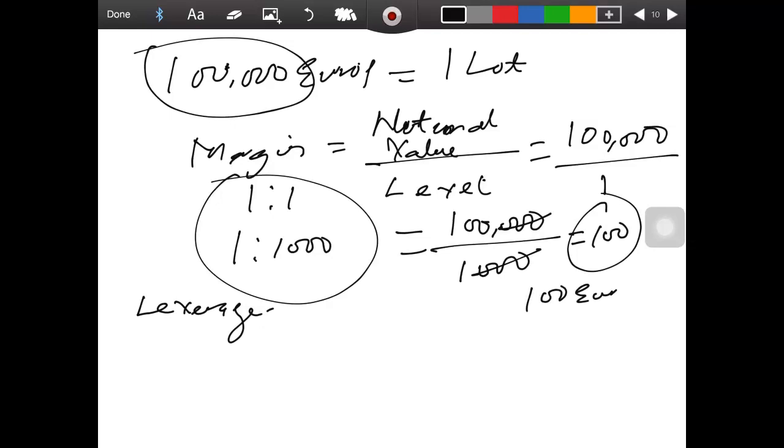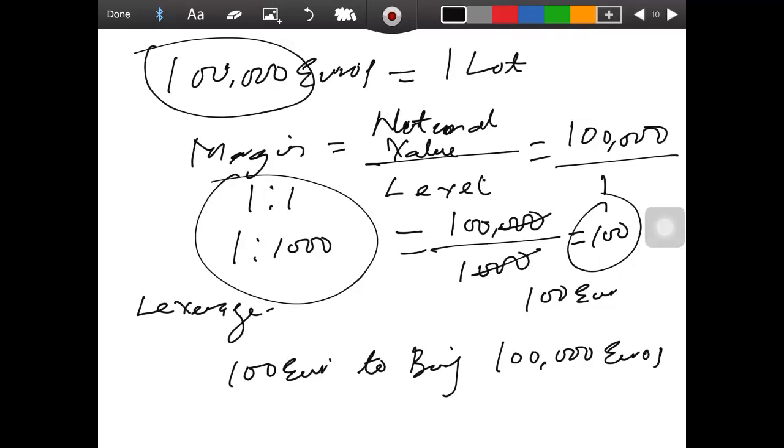For the dollar value, that would depend on the exchange rate at which you are making the trade. This is the basic idea of notional value, margin and leverage, and how leverage allows you to use 100 euros to buy 100,000 euros.